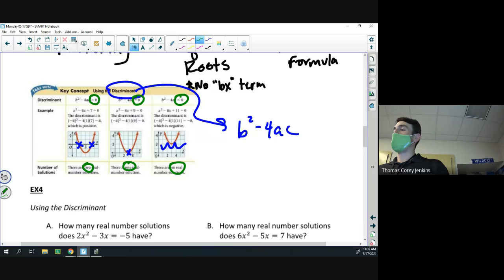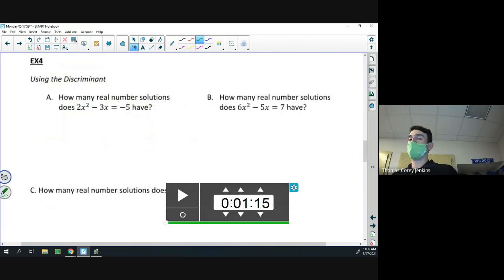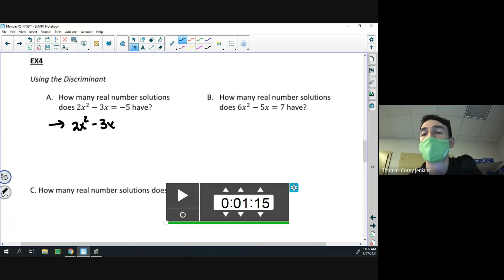So let's wrap up by doing a couple of those. We'll probably skip C because we're a little low on time, but we'll do A and B together. And again, this is a good opportunity to check with your calculator. Okay? Looking at A, before we do that, we need to write it in standard form. So 2x squared minus 3x plus 5 equals 0. Once we have it there, then we're just plugging into b squared minus 4ac.